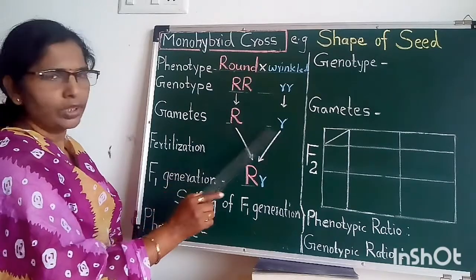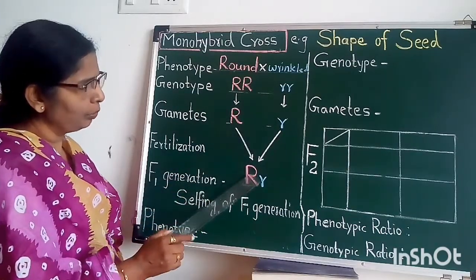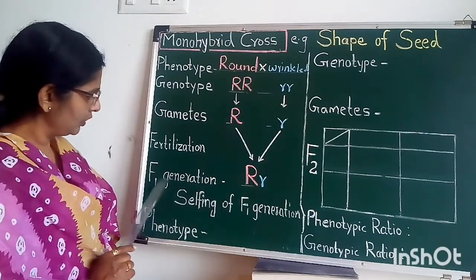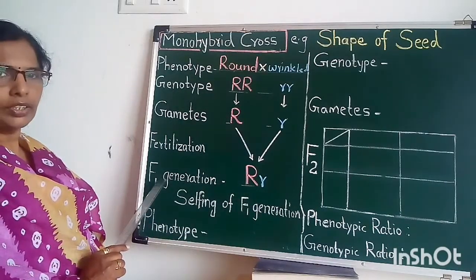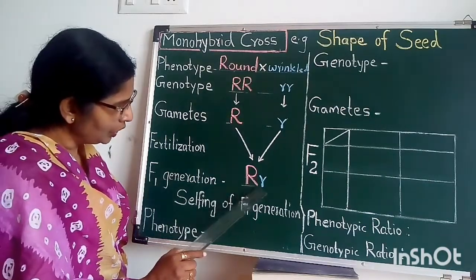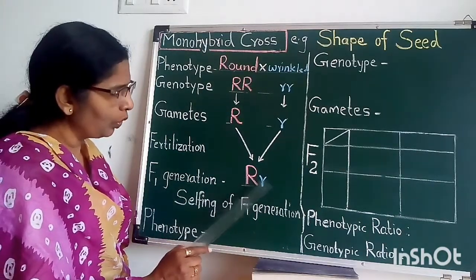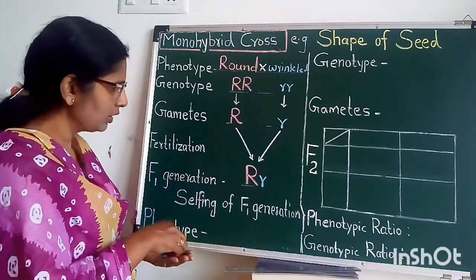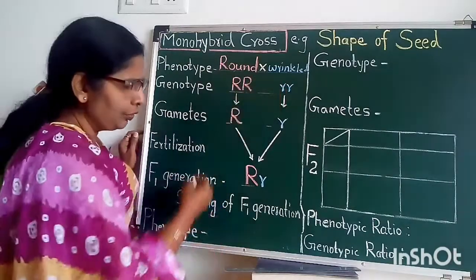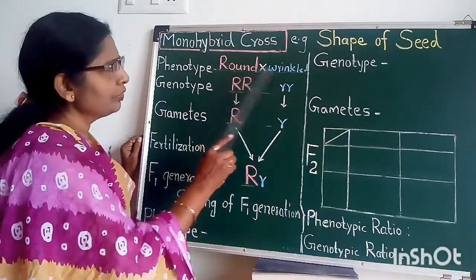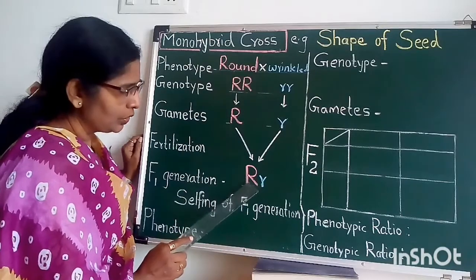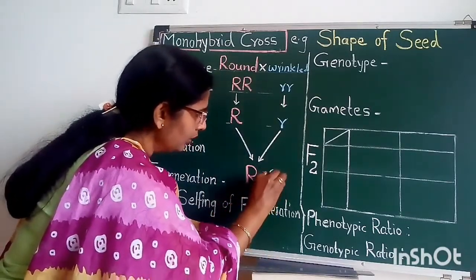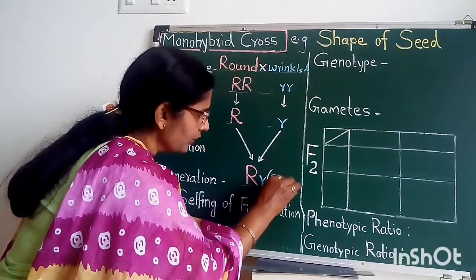After that we got the gametes. Once the gametes were formed, fertilization, and then the next generation, which is called F1 generation. So this is the genotype for F1 generation. What will be its phenotype? Out of two parents, one of it will be expressed. So capital R and small r, it will be round shape of seed.